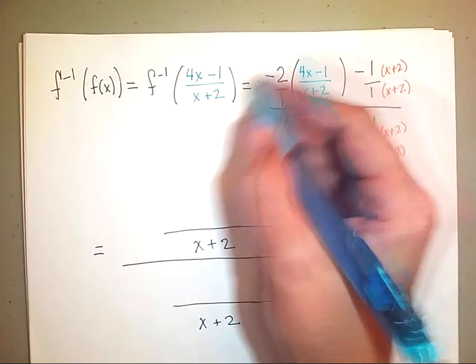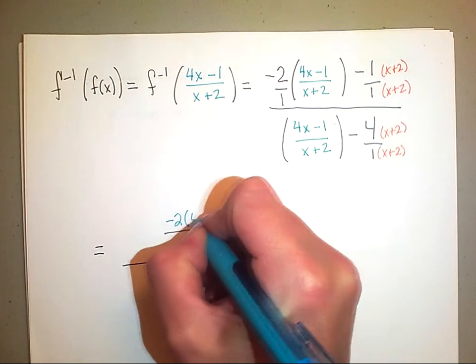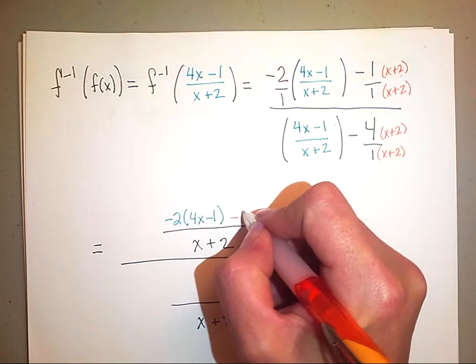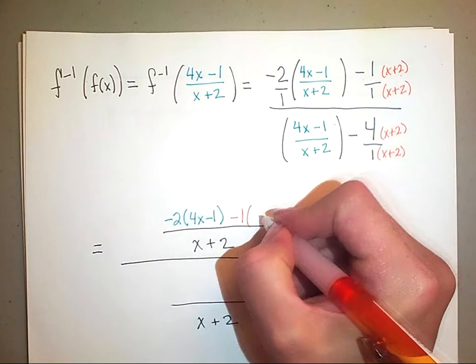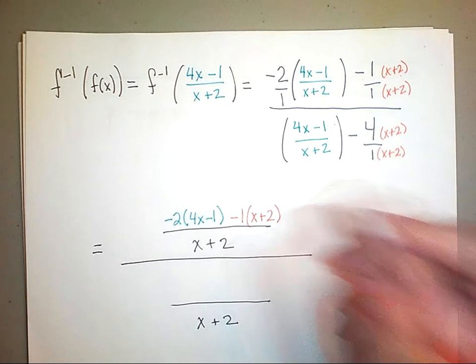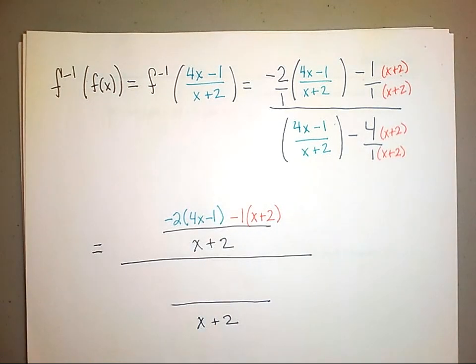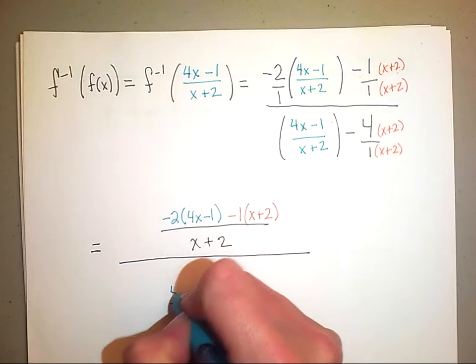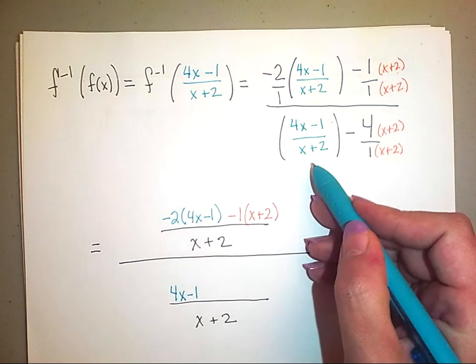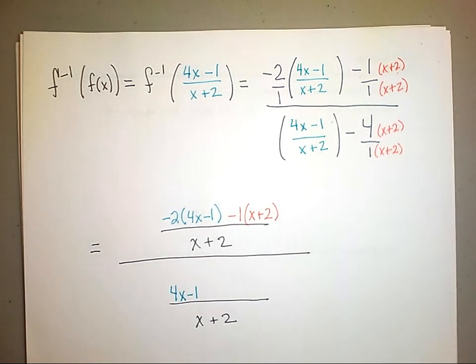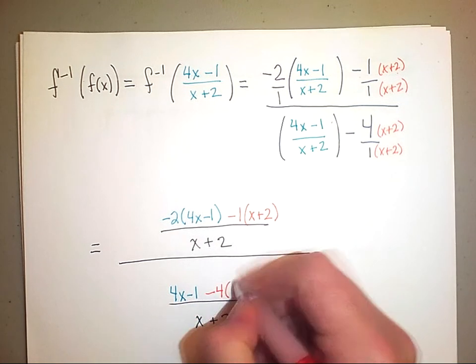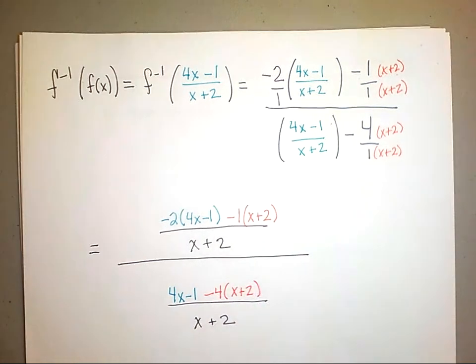Then this first term has the negative 2 times the 4x minus 1. And our second term is the negative 1 times this, which is the same thing. You could write in the negative 1 if you want. That's fine. Now down below, this 4x minus 1 just stays the same, because it's already over x plus 2. But here, we have this negative 4 times the quantity x plus 2.